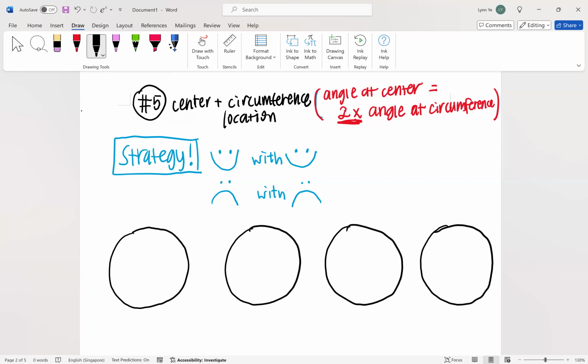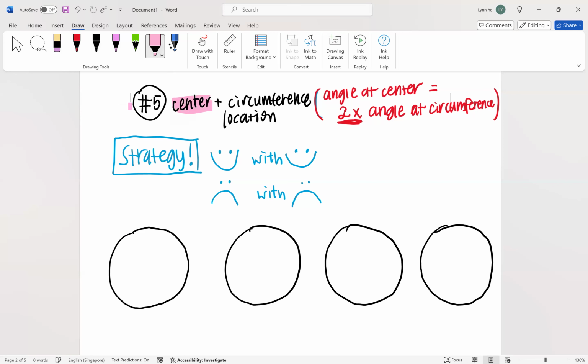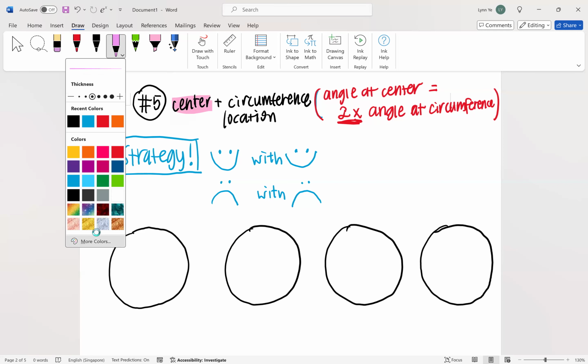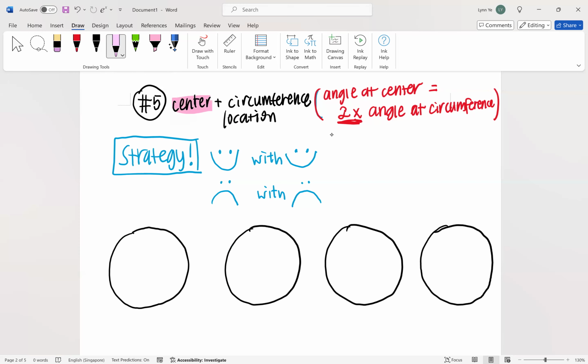Okay, once you're ready, you can draw your 4 circles. Center is in pink. So use your pink pen to mark out all the centers.